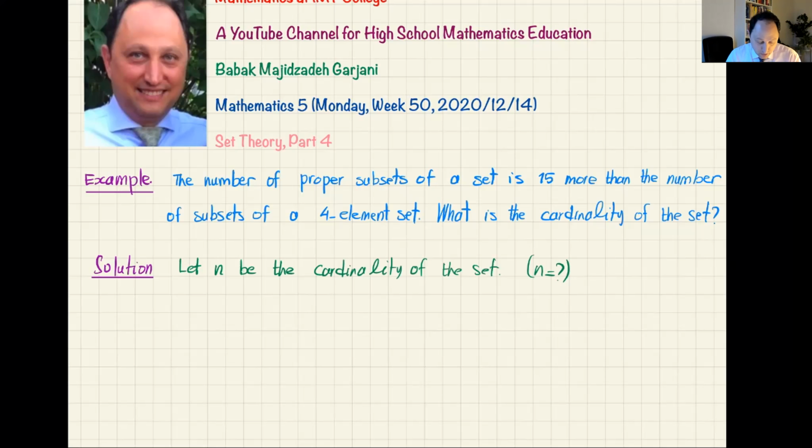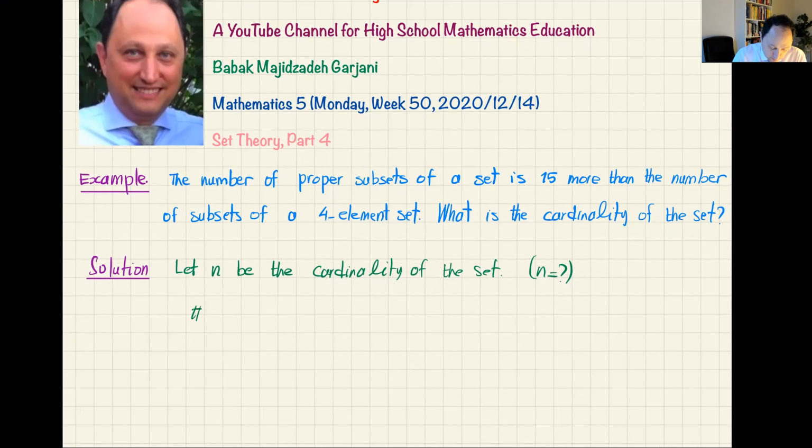When I read the question, the number of proper subsets is equal to, as Alex said, 2 to the n minus 1. And I know that this number is 15 more than the number of subsets of a 4-element set.